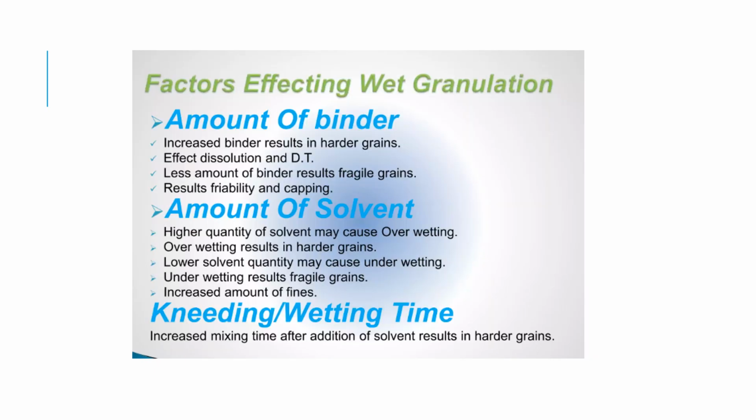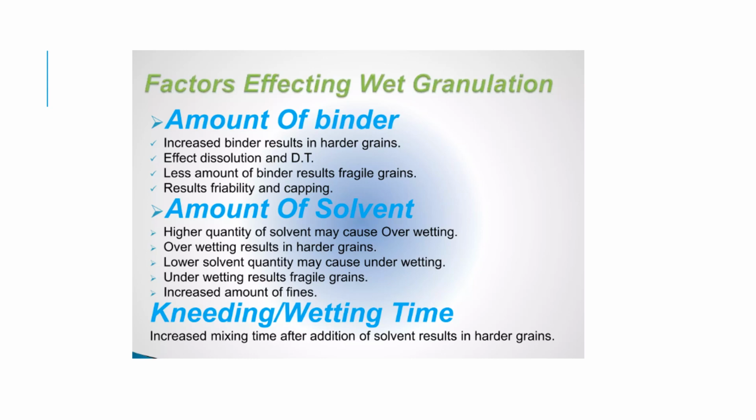Then coming to the factors affecting wet granulation. While we are doing the wet granulation technique, certain factors can affect the granulation. First of all, amount of binders. If we are not adding the binders in an optimum amount, it may result in certain problems.